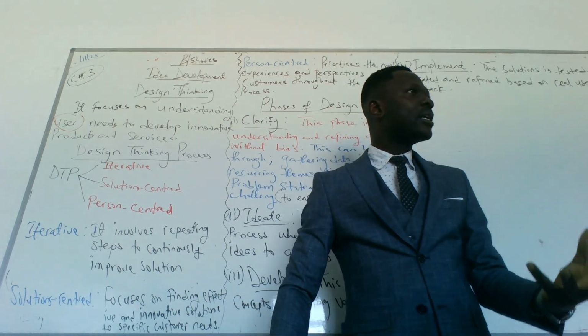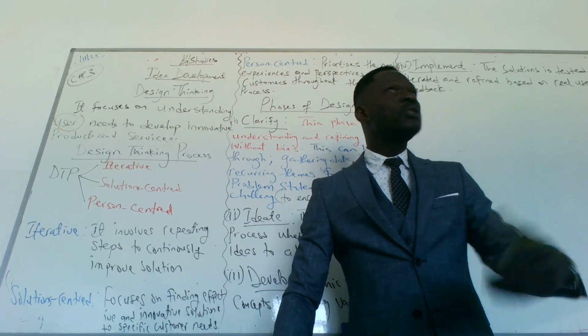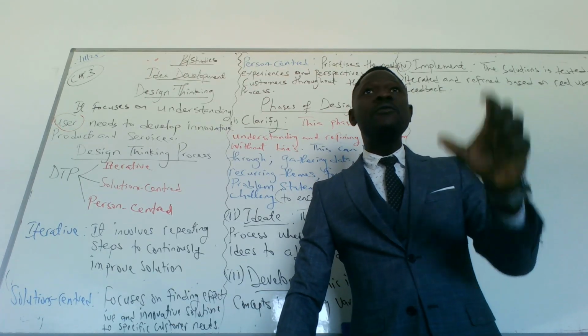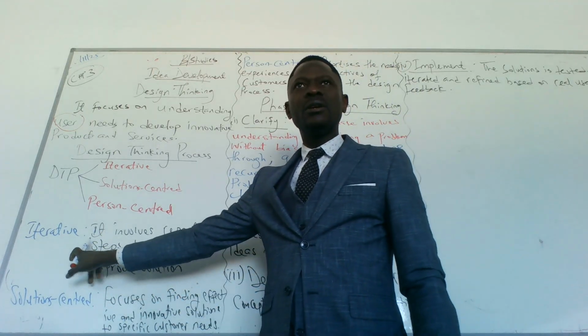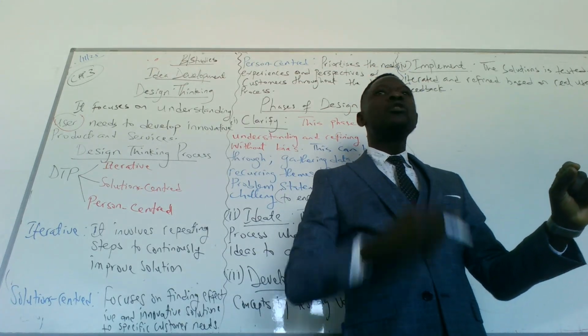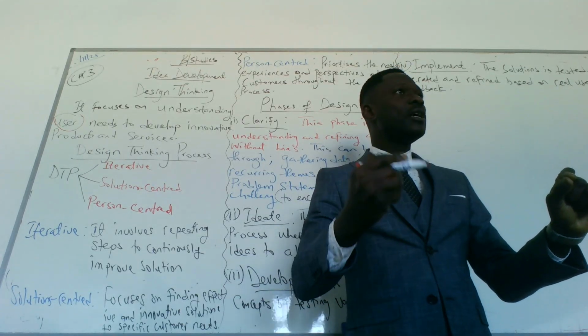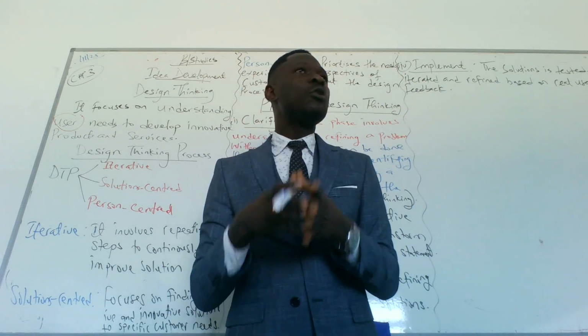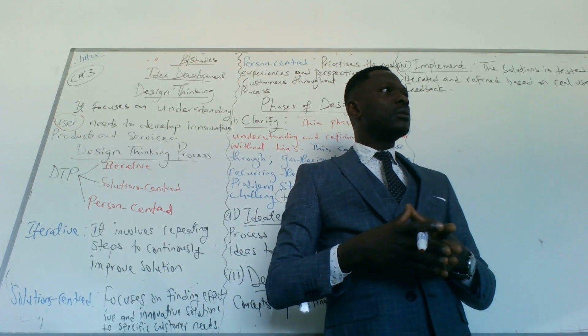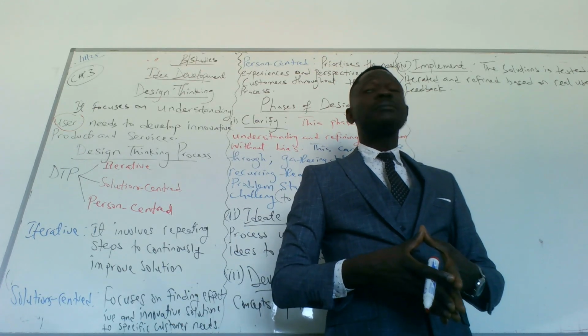Now you know what to design. How are you going to improve on it? So you continuously improve on it to give you a nice or outstanding solution. That is iterative. Do you get iterative or not? You repeat the same process until you have an outstanding result or outcome. Does it make sense or not?